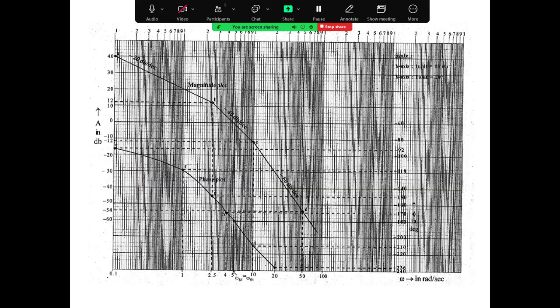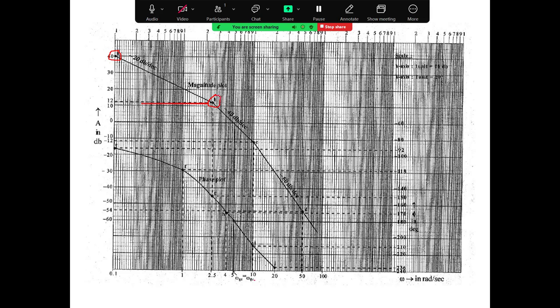So initially at the first, represent all of magnitude in the graph sheet. So at 0.1, what is the magnitude you are getting? 40 decibels. So that is 0.1. So the value is 40 decibels. Next, at 2.5, how much you are getting? It is plus 12 decibels.